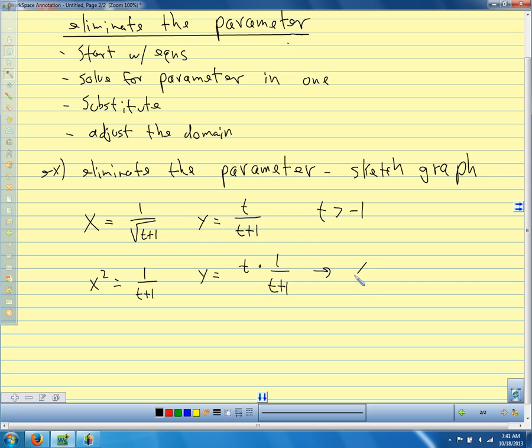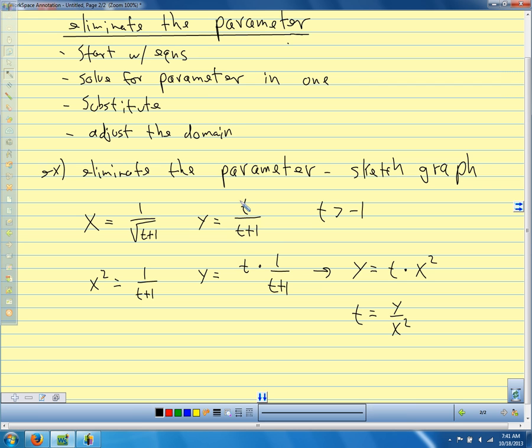So y equals t times x squared. And from this one we get t equals y over x squared.